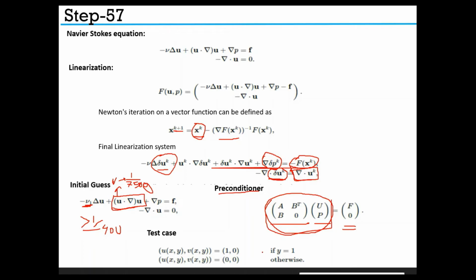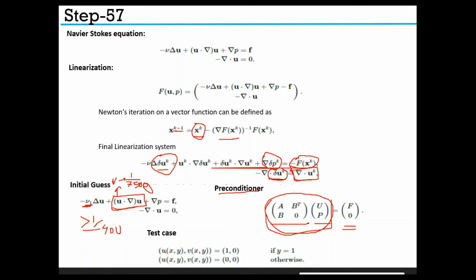So last of all, the test case here. We use the lid driven cavity flow as in the previous ones. There are some examples of this type of cavity flow in the previous steps.